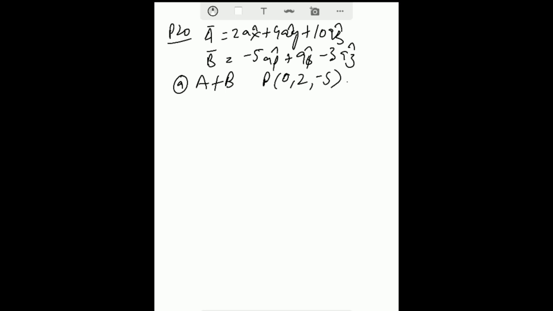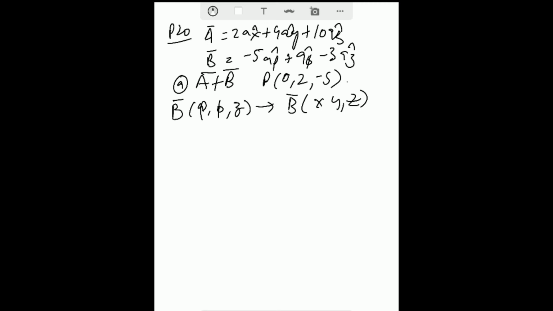So for this I first need to convert B from cylindrical rho, phi, z into Cartesian x, y and z. And for this conversion, we have to look at the formula again.